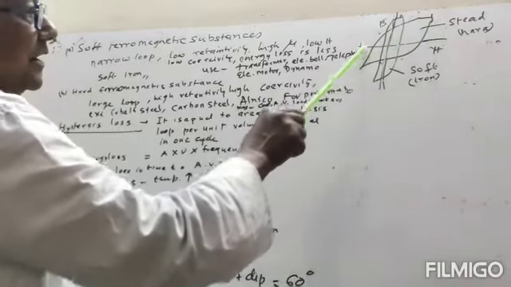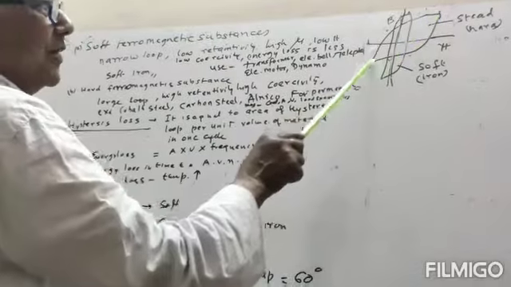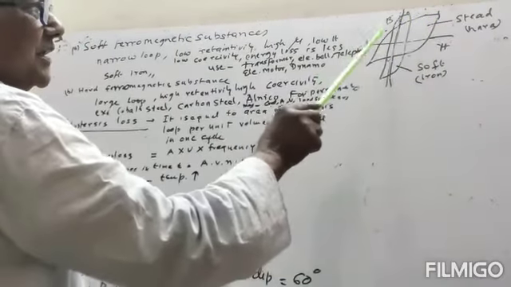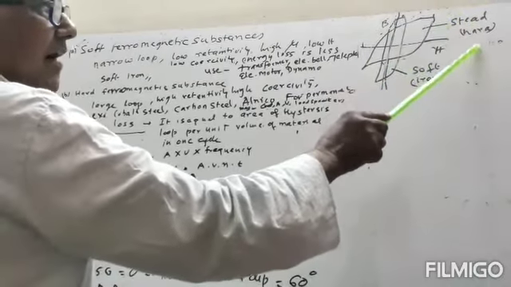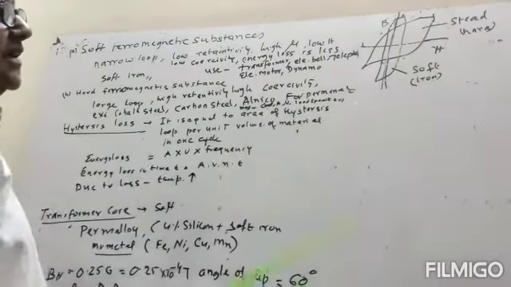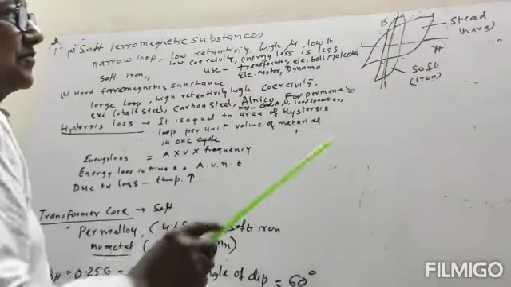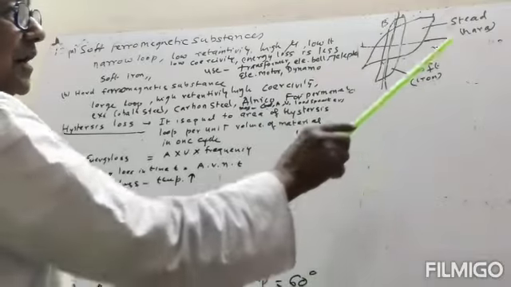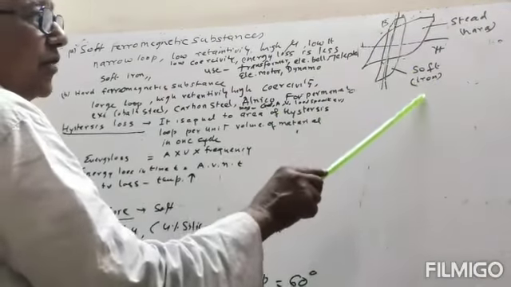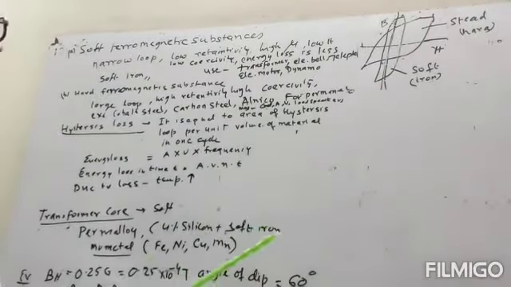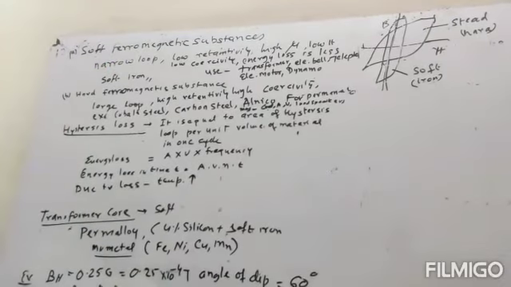And here the bigger loop, the shape of the loop will be the same, but its area will be more, its retentivity will be more, its coercivity will be more, and that is for the hard ferromagnetic substance. Like we take the case of steel. Steel is a hard ferromagnetic substance, whereas iron is a soft ferromagnetic substance. Now first we will discuss what is the soft ferromagnetic substance.